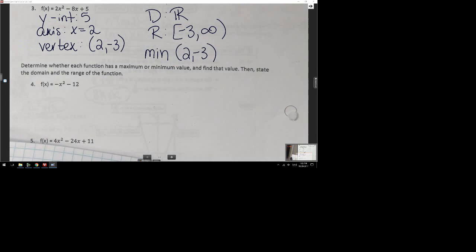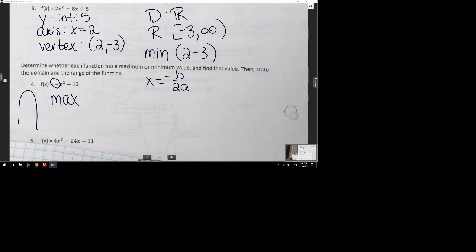All right, what about number 4? Right off the bat, it's a maximum because you know it's going to be upside down, right? And what is that point always? Your vertex. So you need to do x equals negative b over 2a. But your b is your linear term, and you do not have a linear term, which is the x term.